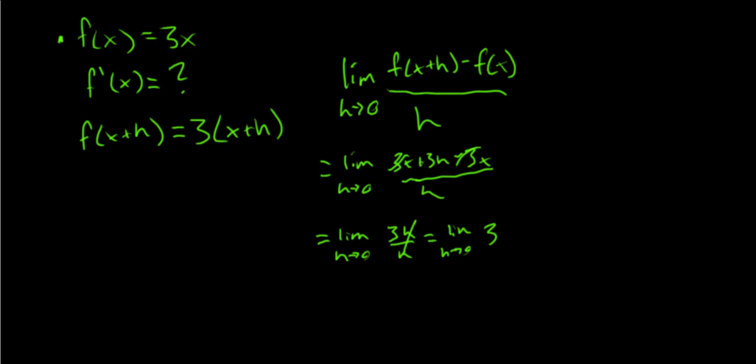And since we don't have any h's left in our function, all we have is 3 now. We don't have to evaluate the limit. There's nothing to evaluate. All we have left is 3, and we have found that f prime of x is equal to 3. Now let's do another example.